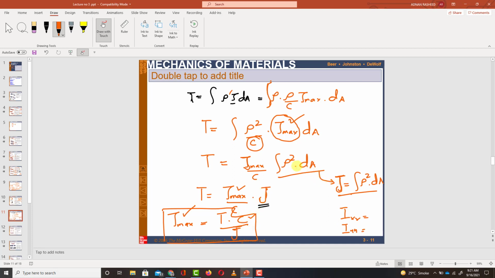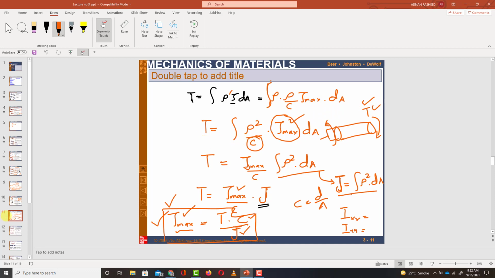So if you are given a shaft that is subjected to a value of torque, and the diameter of the shaft is given, you can easily find the maximum shear stress. You have a torque and a diameter, so you can calculate J, and since c is equal to d by 2, if you put in all the values, you will easily calculate the maximum shear stress in this shaft due to torsion loading.